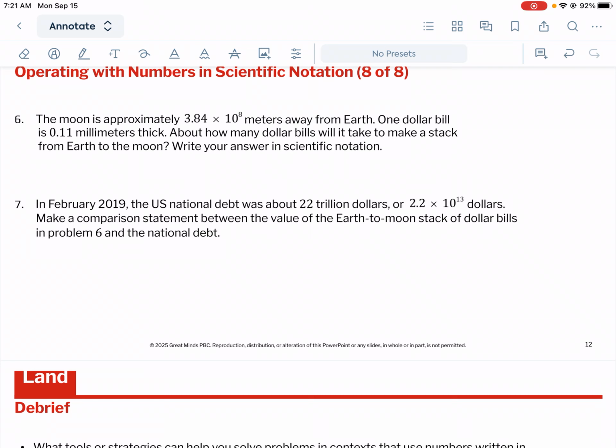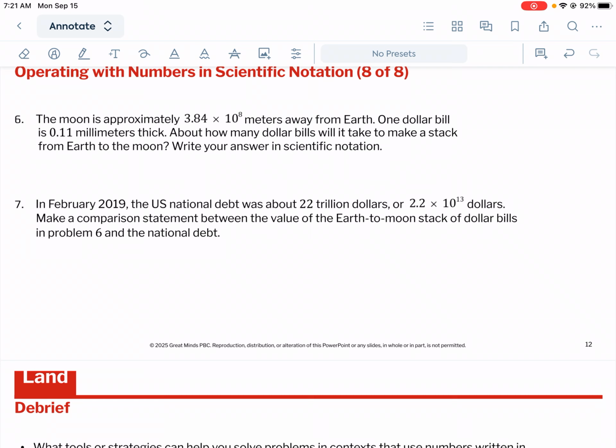debt. So you might say, if you divide that, it'll take $1 billion, hypothetically speaking, from number 6 to reach the $22 trillion debt in number 7. So you're just going to make a little bit of comparison. Just do a little bit of math.